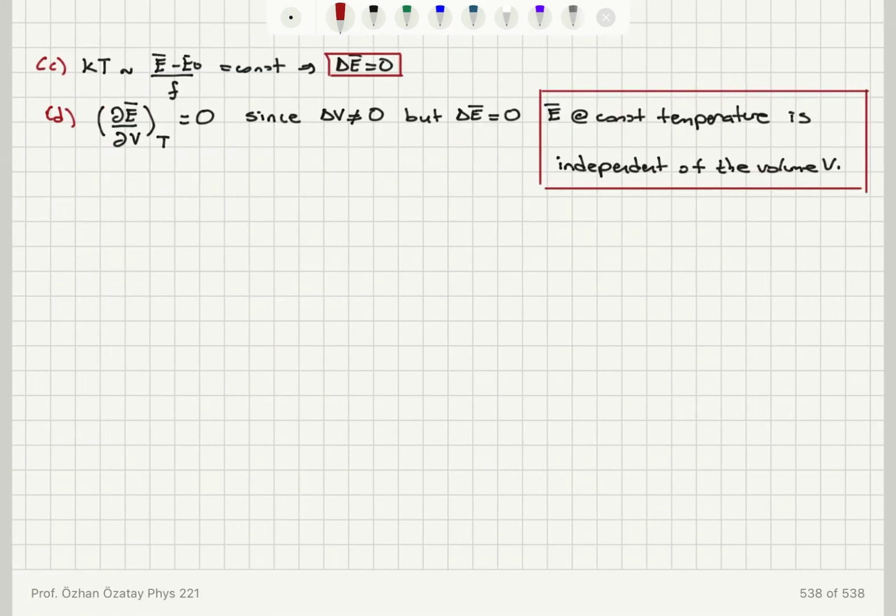And because the thermal energy is an indicator of mean energy above the ground state energy per degree of freedom, and that doesn't change, delta E bar is zero. And even though there is a change in volume, there is no change in the mean energy at constant temperature, which indicates that E bar at constant temperature is independent of the volume of the container V.